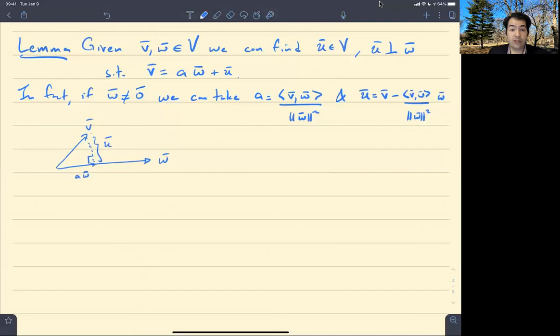So you can see that what we're doing is projecting the vector V onto the line spanned by W. So we're getting a multiple of W, right?